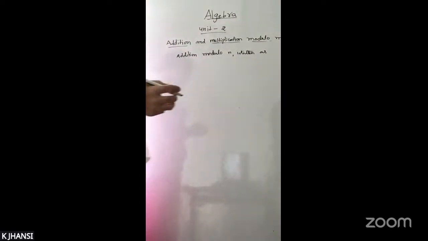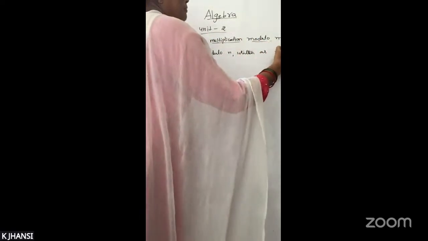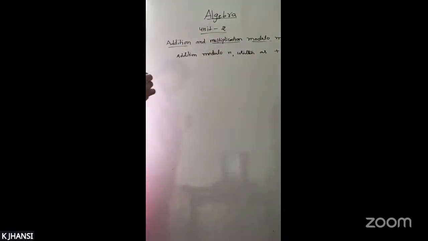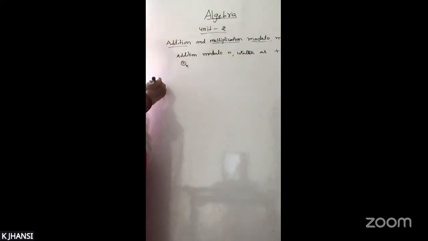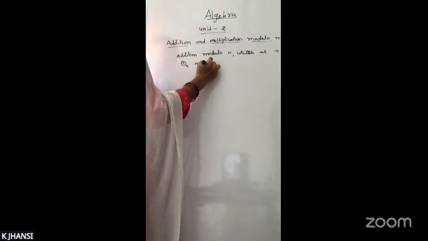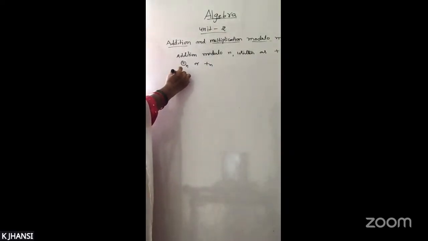In three different ways we'll write that one. That is plus mod n, or we'll write it like this, plus m, or simply plus m like this.